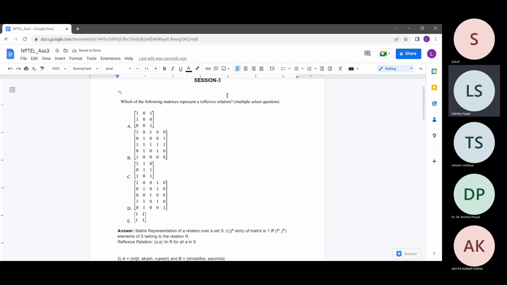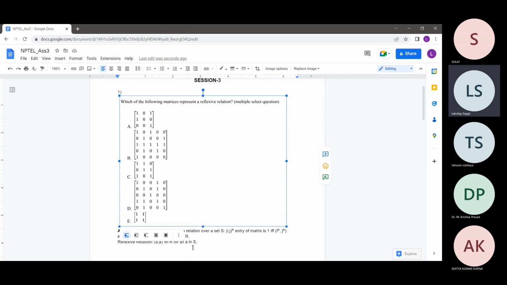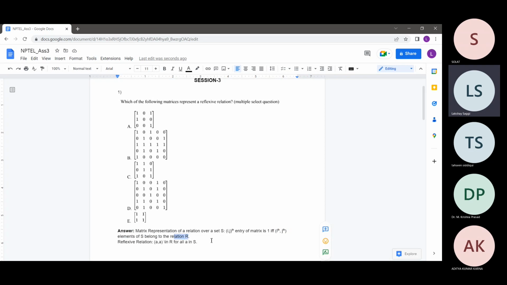I guess these notations and everything is clear to everyone. So basically in a reflexive relation, (a, a) should always belong to the relation R. So this basically means that (ai, aj) should belong to the relation R. Here this implies that (ai, ai) should belong to relation R for all ai in X. I guess this makes sense.